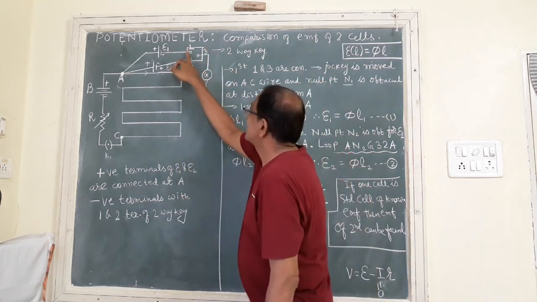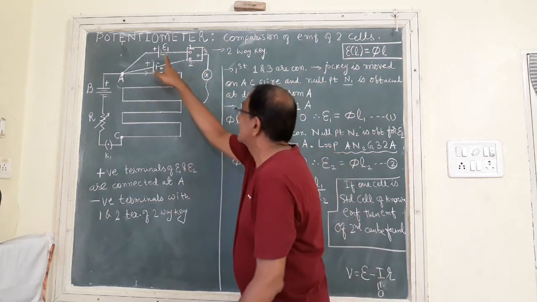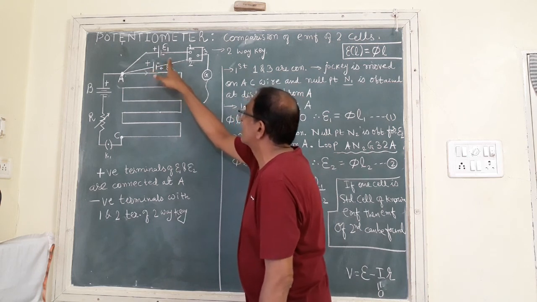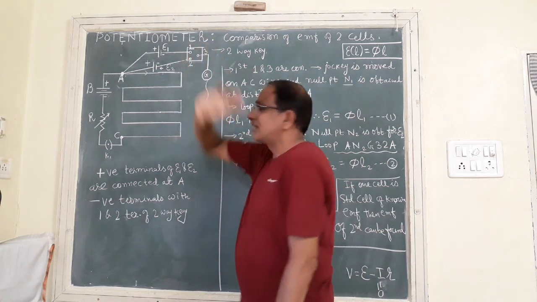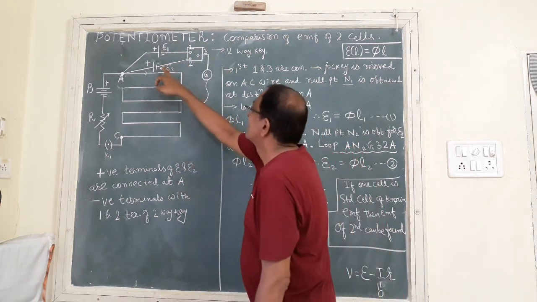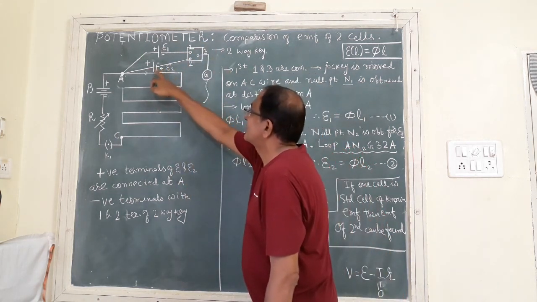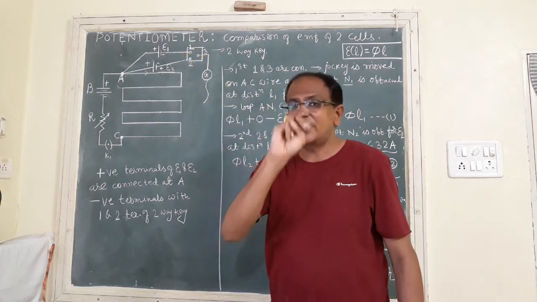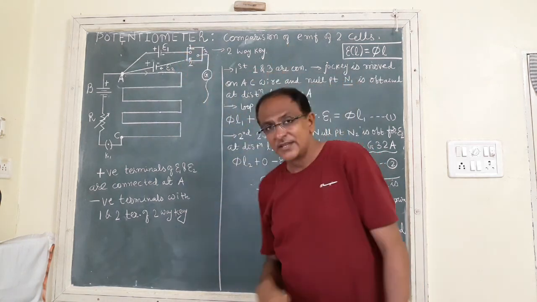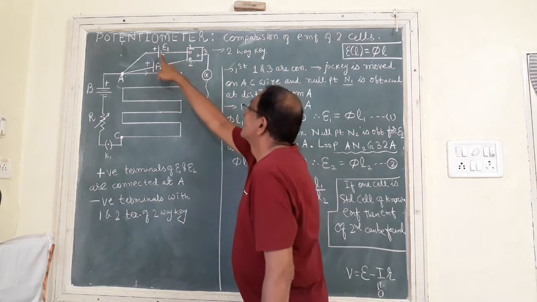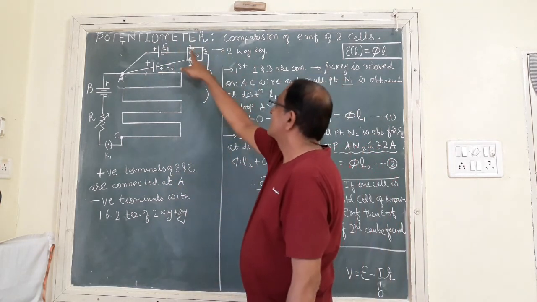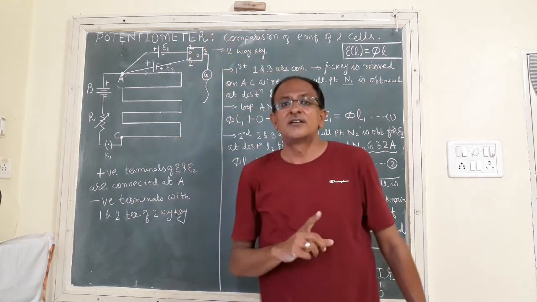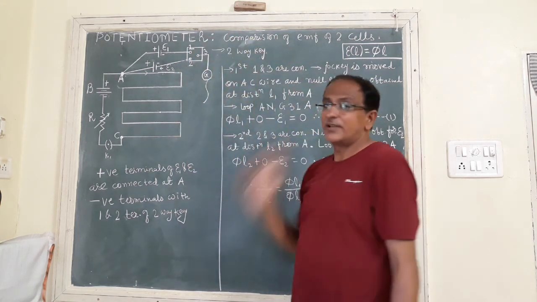The negative terminal of the first cell is connected with the first terminal of the two-way key, and the negative terminal of the second cell with the second terminal.